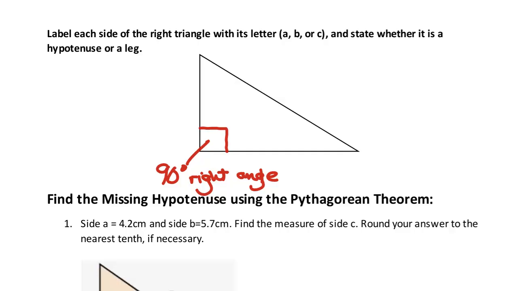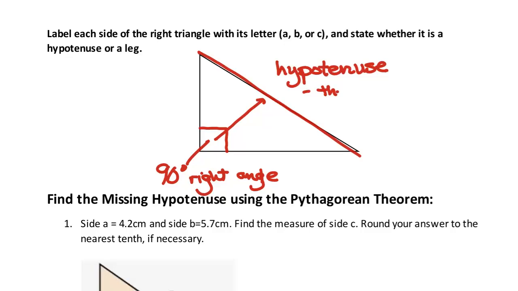The side always across from the right angle is the longest side, which in this case is called the hypotenuse. The hypotenuse.